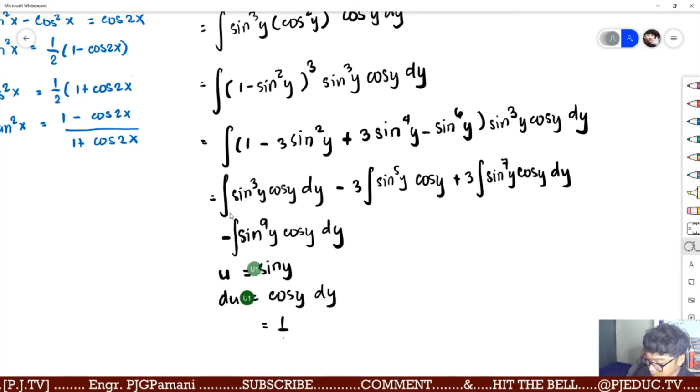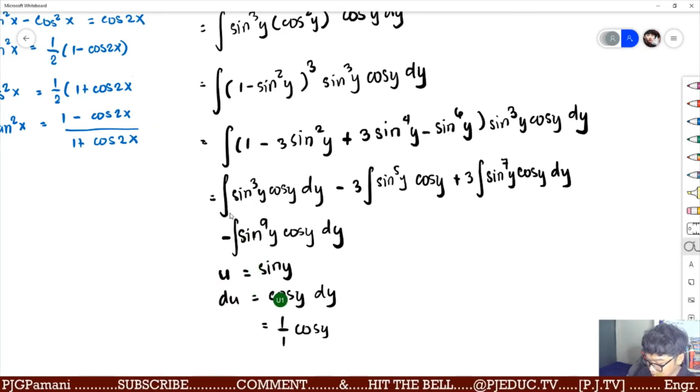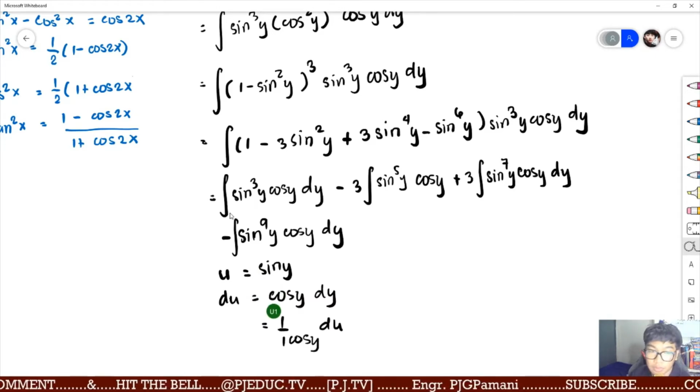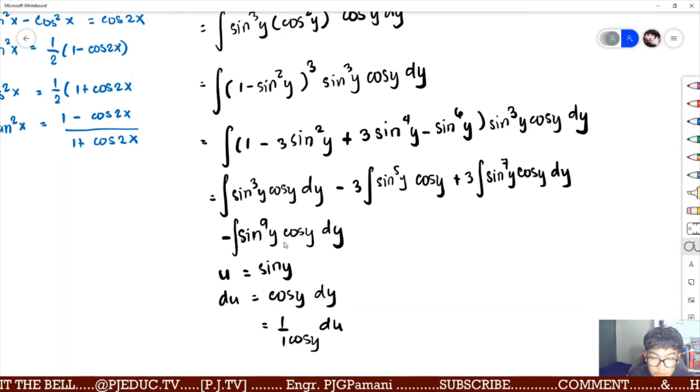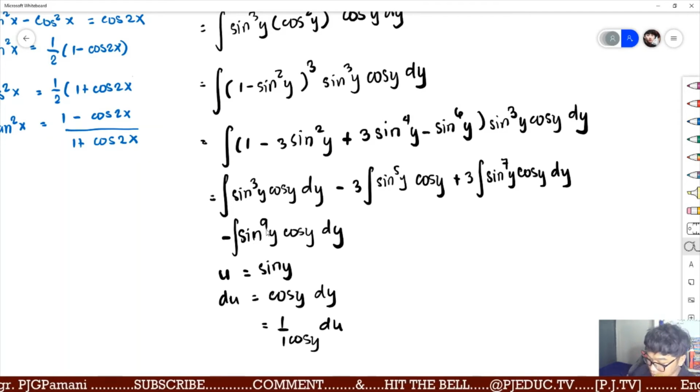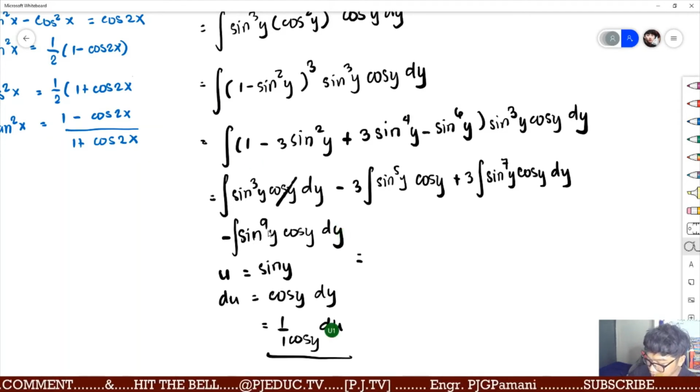Correcting factor 1:1 cosine y du. Tama? So, if I then apply this correcting factor within each of this term, I could cancel out cosine u and start performing power formula with sine cube, sine 5th, sine 7th, and sine 9th. Ganun lang. By using that condition, makakancel na yan.